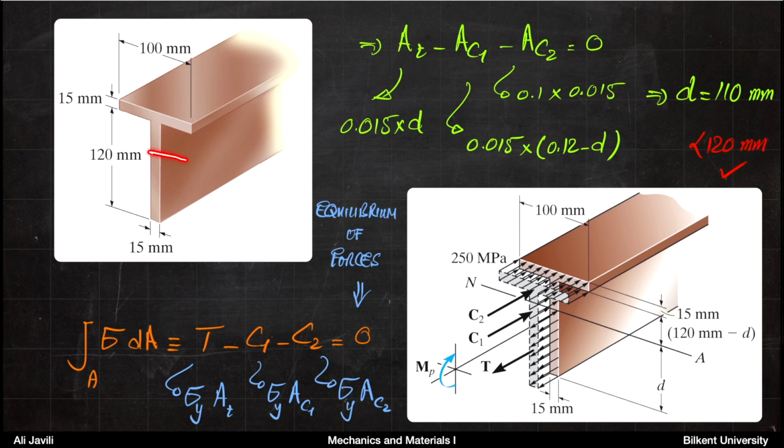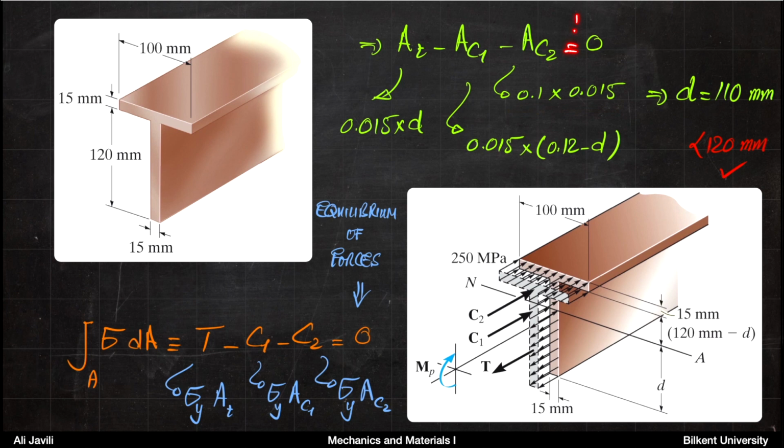Now, if this is the neutral axis, the area of C1 or AC1 is again 15 millimeters times 120 minus D. And then the area of the upper part is simply 100 millimeters times 15 millimeters.